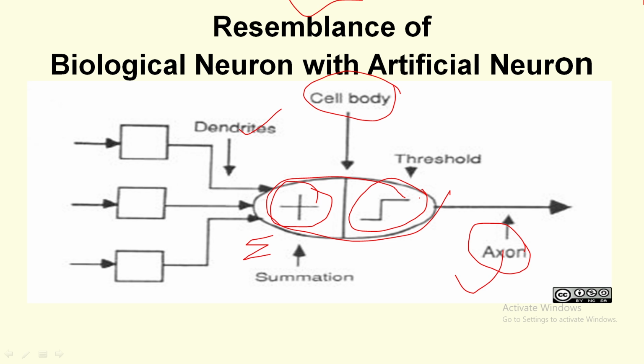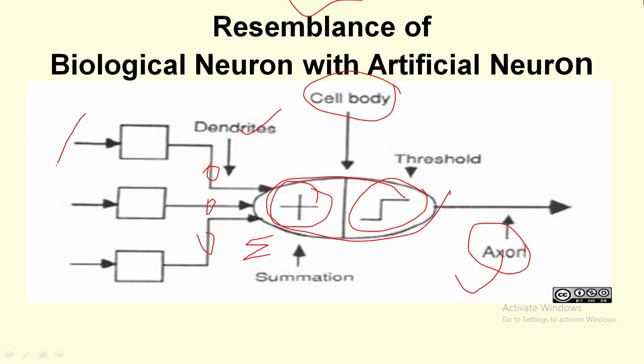When you want to make an artificial neuron on par with the biological neuron, all the major parts of the biological neuron should come into the artificial neuron. What are the parts that we have discussed? Dendrites, soma, axon and synapse. Where are the synapses? The synapse is available in every connection.